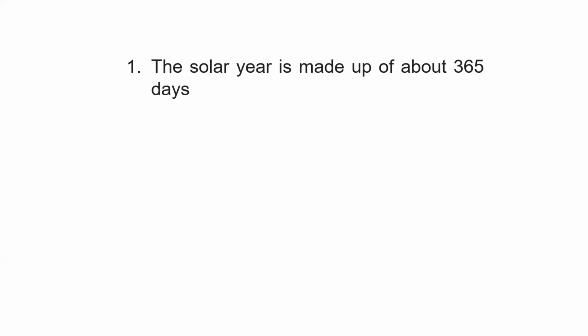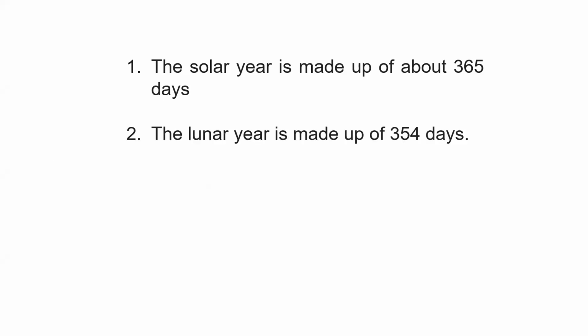Now, the solar year is made up of about 365 days. Everyone knows that. Now, if we have to divide this solar year, it has been divided into about 12 months.